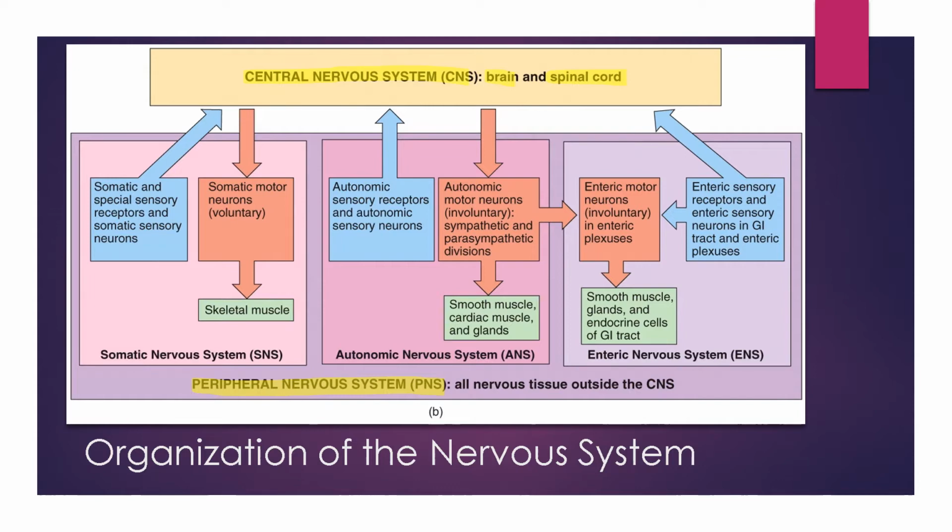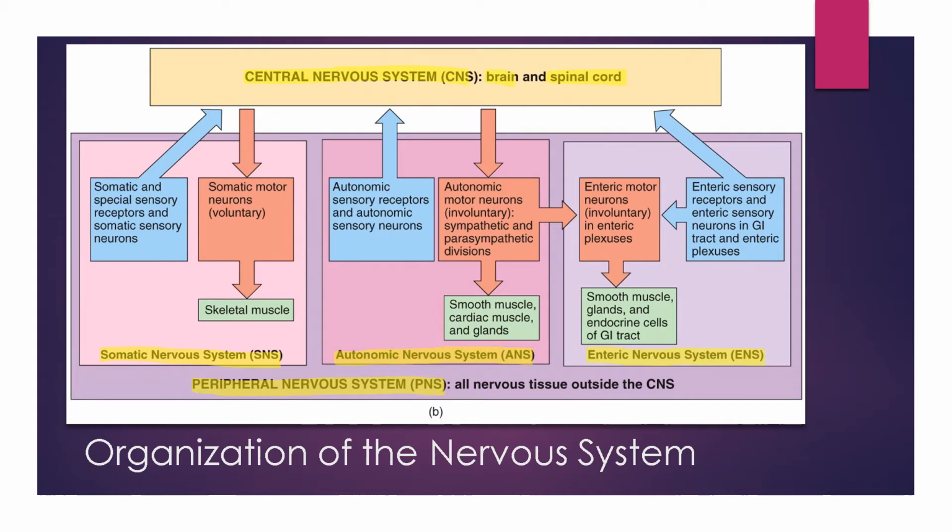Now it's further broken up into 3 other nervous systems. These are going to be the somatic nervous system, the autonomic nervous system, and the enteric nervous system. So we just further divided the peripheral nervous system.